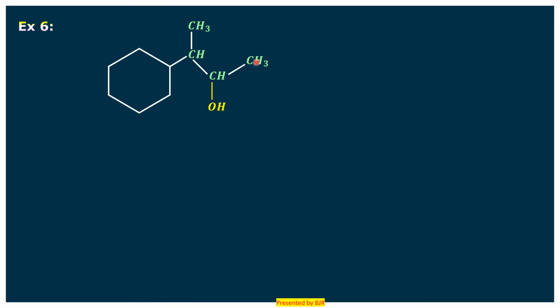We have to number the parent chain in such a way that the carbon atom bearing the functional group is assigned the lowest number possible. For that reason I am numbering the parent chain from right to left like this. This is the substituent; 1, 2, 3. This is the parent chain.